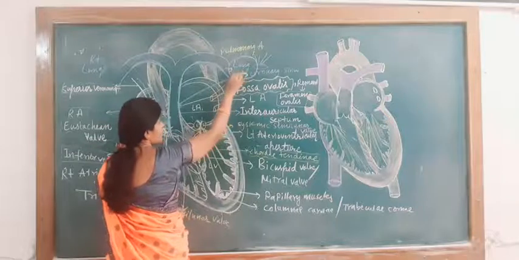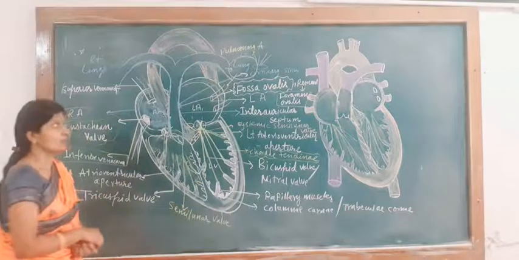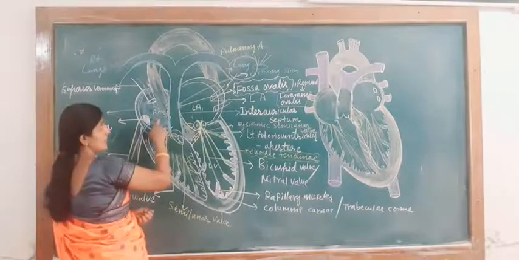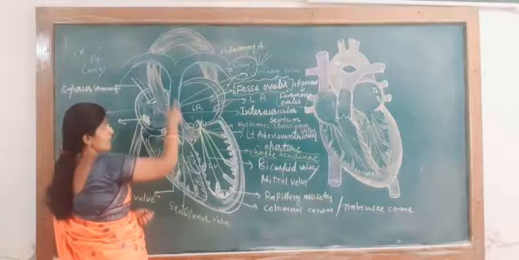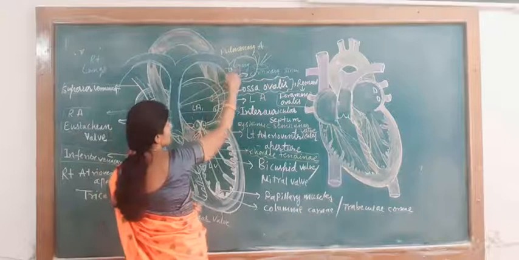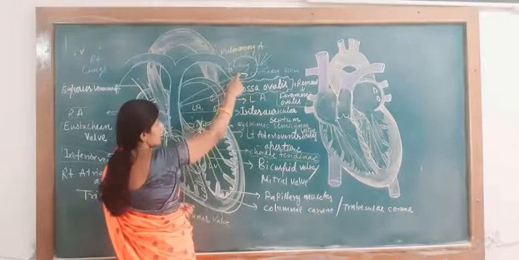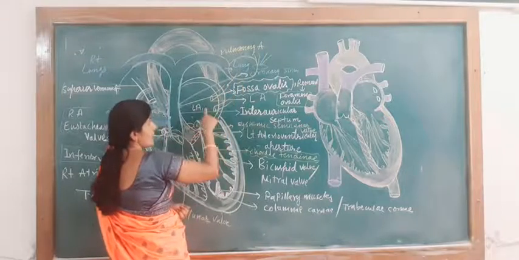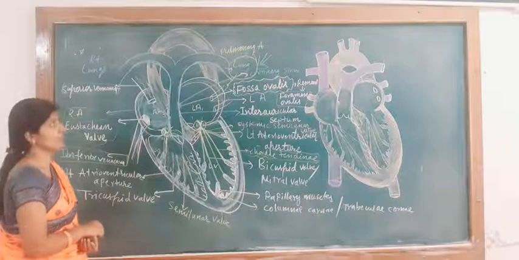This blood is sent towards the heart. To which chamber? The left atrium. It was received from the right atrium to the right ventricle to the pulmonary aorta to the pulmonary artery to the lungs. The lungs convert it to oxygenated blood, which is sent towards the left atrium through the pulmonary veins.